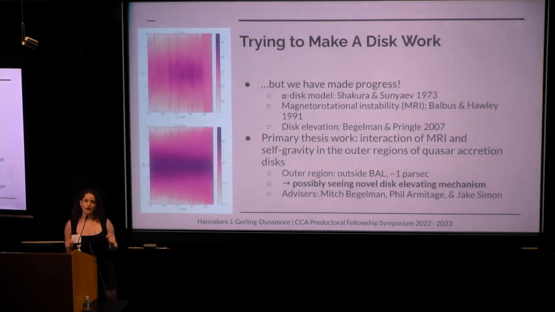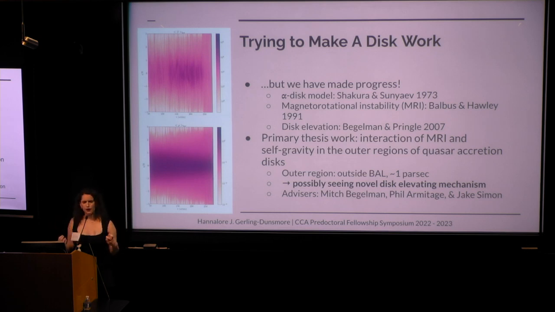field. In 1973, Shakura and Sunyaev introduced the alpha disk model, by which they proposed that angular momentum transport occurs due to an effective viscosity provided by turbulence within the disk, the strength of which can be parameterized by the alpha parameter, hence the name.